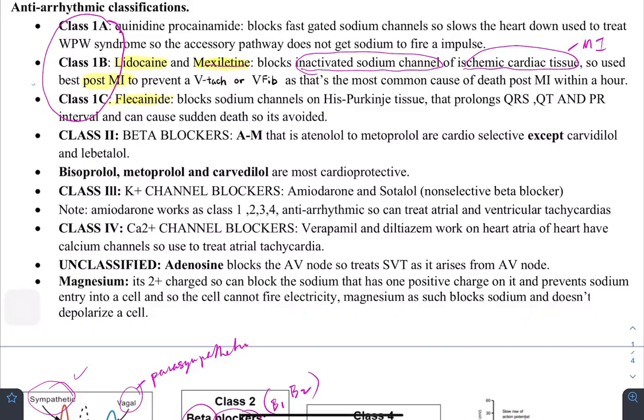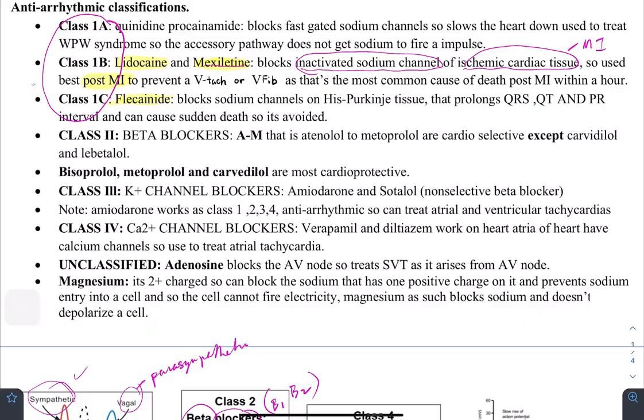You have a higher chance of going right back into another heart attack, and it is even worse than the original one because it produces ventricular tachycardia or fibrillation of the ventricle. Action potential just goes up and down, spiking like crazy. And then the most common cause of death within an hour.